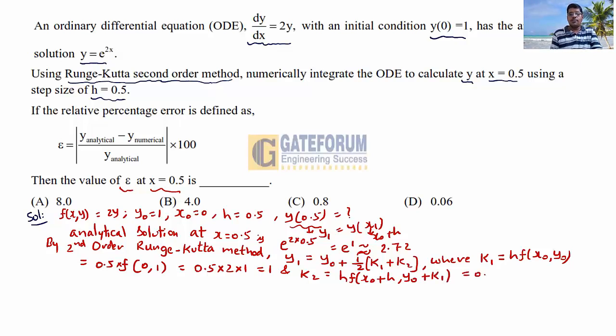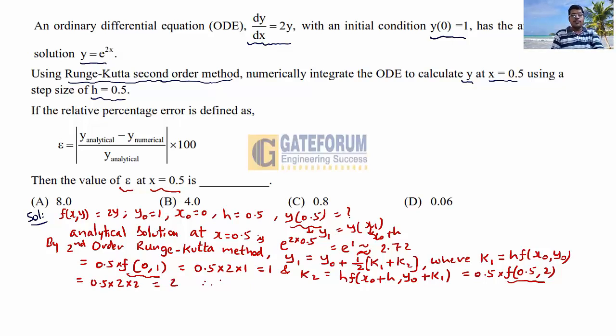So 0.5 into the function value at x0 plus h, that is 0.5, y0 value 1, k1 value 1, 1 plus 1 is 2. So how do you calculate this function of (0.5, 2)? In the function of x comma y, put x equal to 0.5, y is equal to 2; this is 0.5 into 2 into y, that is 2 into 4 into 0.5 is 2.